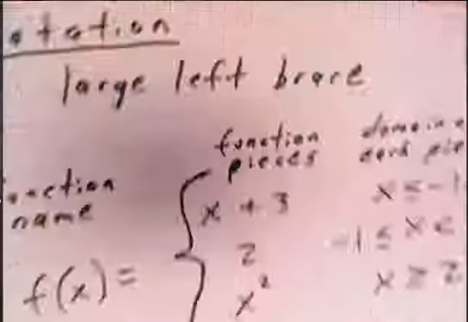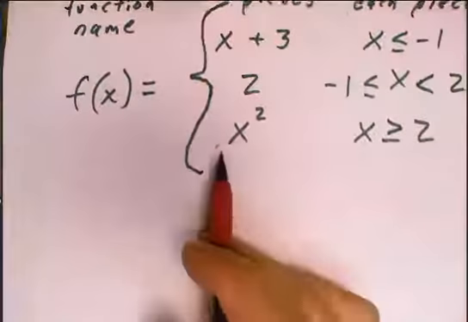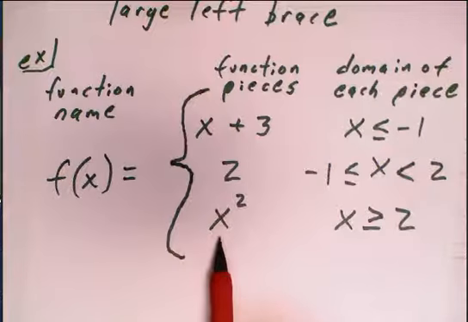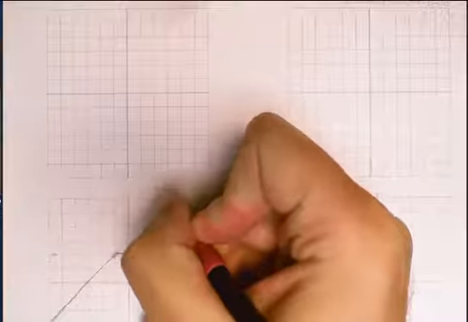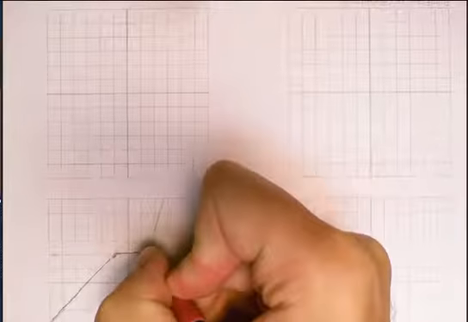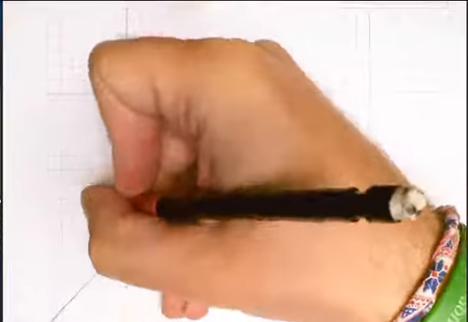Okay, now finally, we've got x squared. y equals x squared. f of x equals x squared. So let's graph that. x squared looks like something like that. Just sketching it.